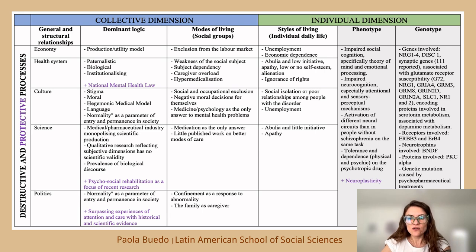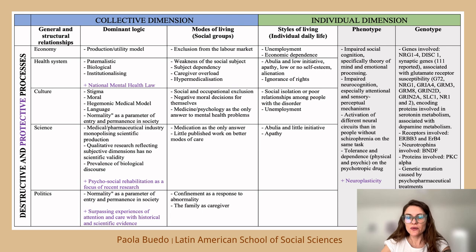So let us now look at the healthcare system example, which is the other row. We can see that the dominant logic in the health system is mostly focused on biological processes, still paternalistic in some places, and quite institutionalizing, especially in mental health services.